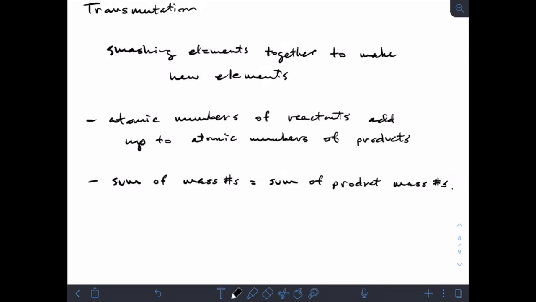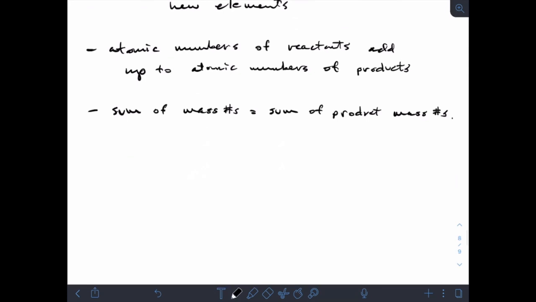Okay, so let's look at an example. It's probably the easiest way to think about things. So let's say I have some iron-58. I'm going to bombard it with a stream of neutrons.